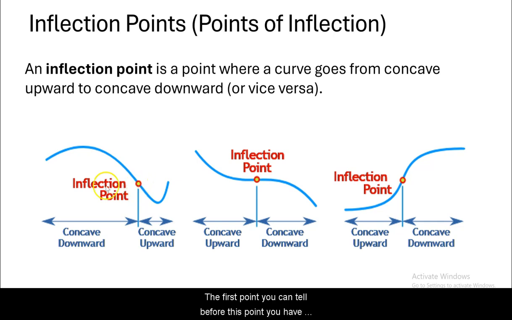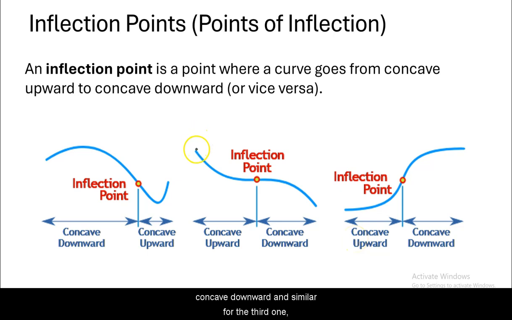The first point, you can tell before this point you have concave downward, and then after this point you have concave upward. Similar here, upward first, and then after the inflection point, concave downward, and similar for the third one.